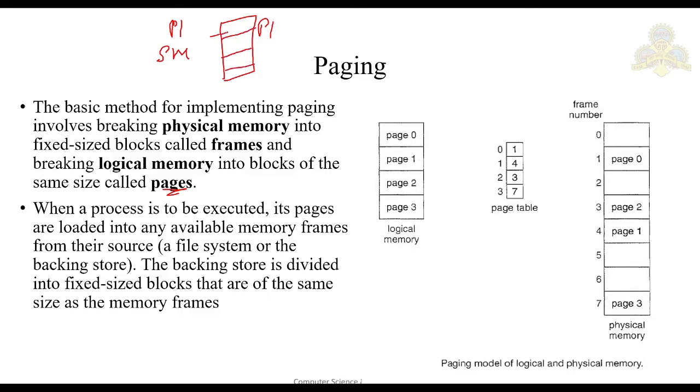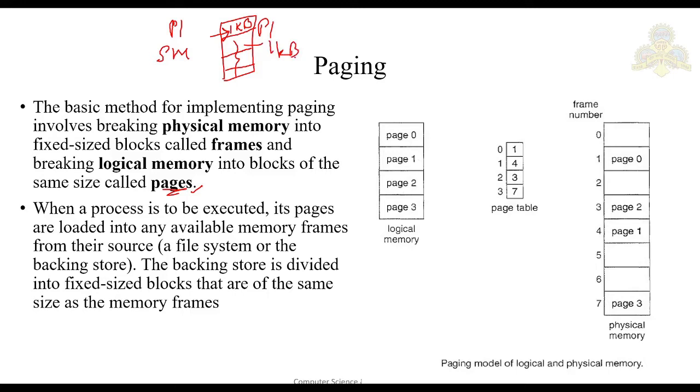Now each portion we call a page. If this particular portion is of 1 KB, then all of these will be 1 KB each. We also know that the process has to be kept in the main memory for the execution, right?